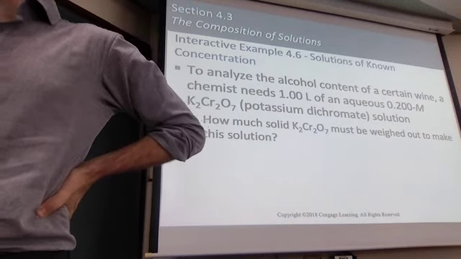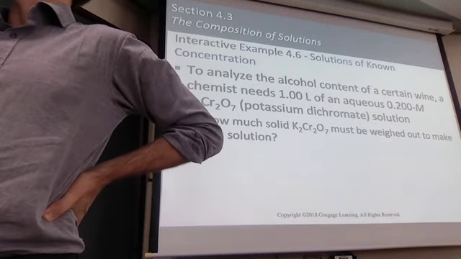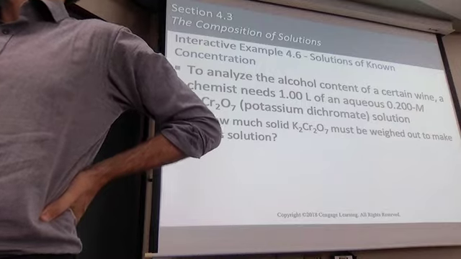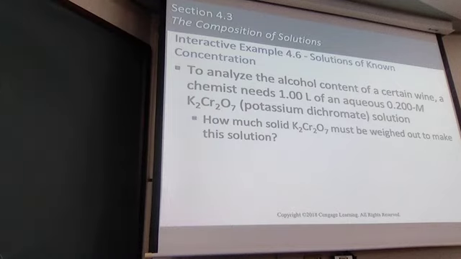So one example here: to analyze the alcohol content of a certain wine, a chemist needs 1 liter of an aqueous 0.2 molar potassium dichromate solution. So the volume is 1 liter, the concentration 0.200 molar.